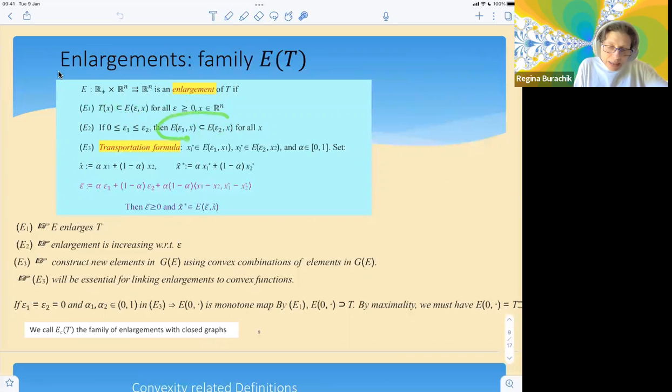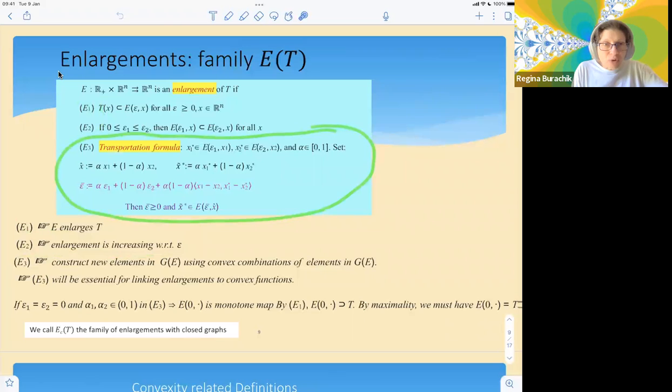So in that sense, the size of your enlargement decreases when epsilon decreases. So these two are very natural. The first one tells you that you have an enlargement, and the second one tells you that it is increasing with respect to epsilon. Now the third condition is the most interesting one, and it's fundamental to the fact of being an enlargement.